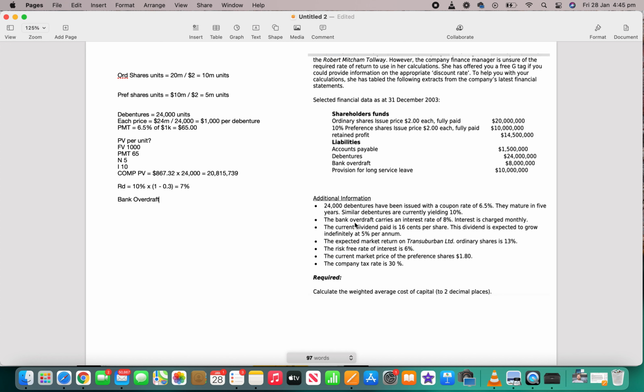The bank overdraft carries an interest rate of 8%. Interest is charged monthly. The moment I hear that, so we have 8% and it's monthly, we need to figure out the effective annual interest rate. Okay, and if we remember, we can use a financial calculator here, but I'm going a bit old school, remembering the formula, which is 1 plus I over N to the power of N, minus 1.